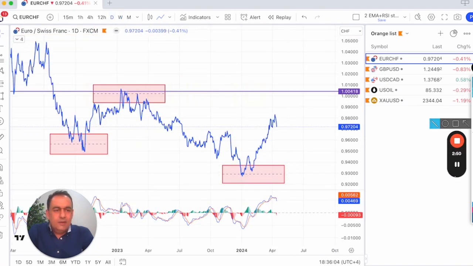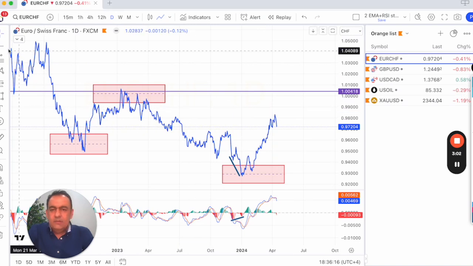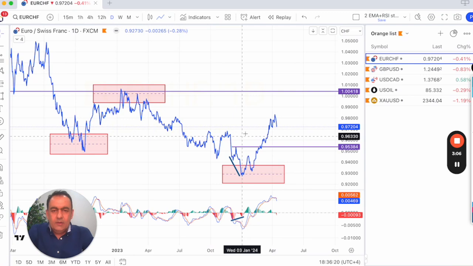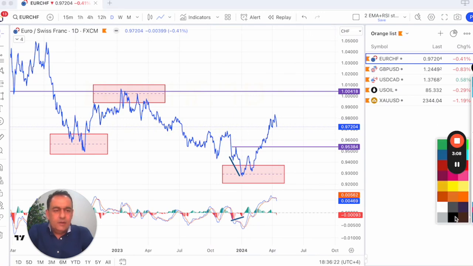Now on the daily time frame, if you notice, we had a sequence of lower lows followed by bullish divergence on the histogram, and this time the BOS is already done. So here on the daily time frame, this is the BOS level. The buyers have created a new higher high after this L1 L2 bullish divergence.